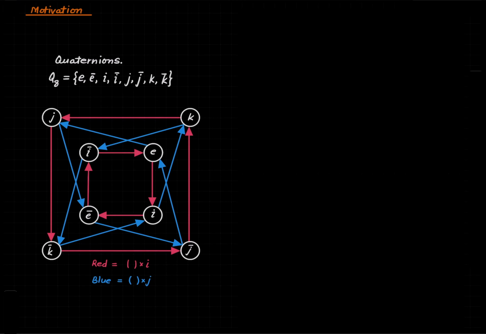Okay, but what about, you might ask, multiplication by k? How do I capture multiplication by k here? That's seemingly not present in this diagram. But notice, if you start at the identity and you follow red and then blue, you get k. So we see that k is nothing but identity times i times j. When I say times, I mean the group operation.